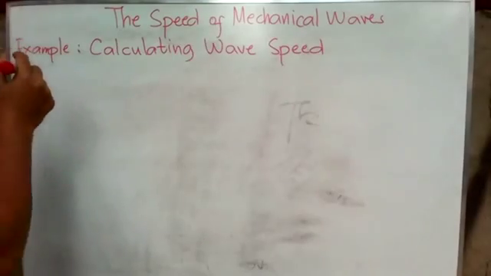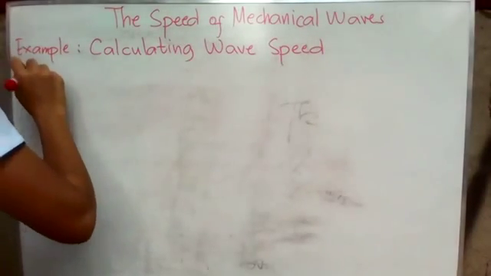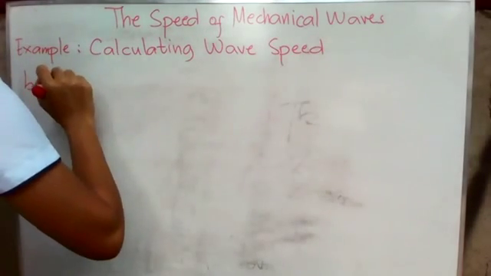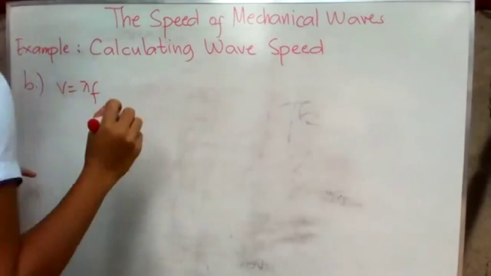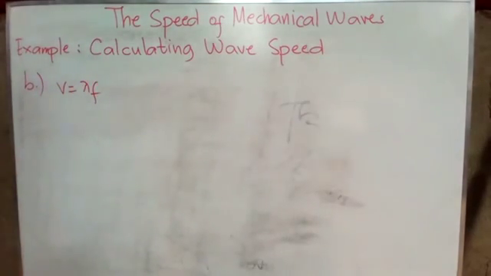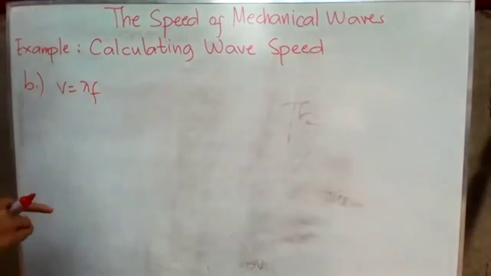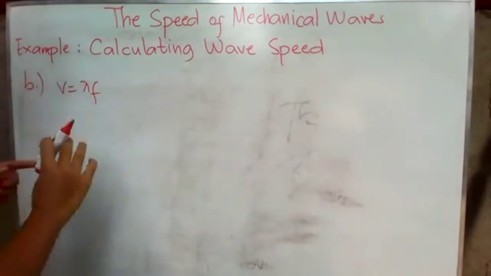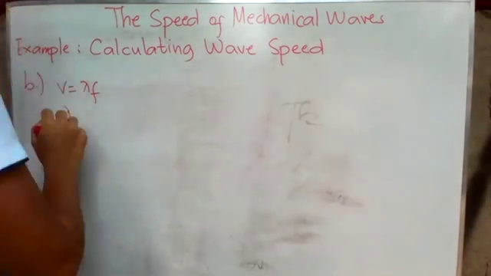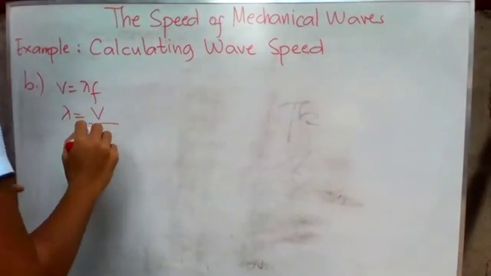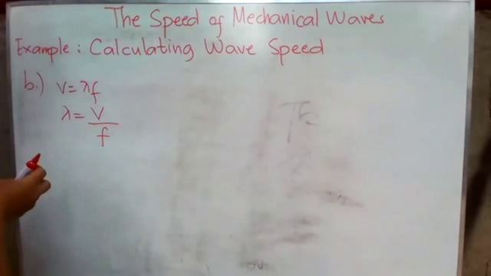Now, for question B, we need to find the wavelength using the equation v equals lambda times frequency, in order to find the wavelength that will fit in 80 meters deep. So wavelength is equal to wave speed over frequency.